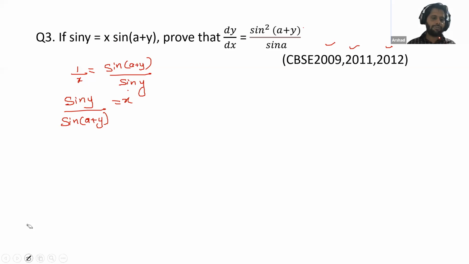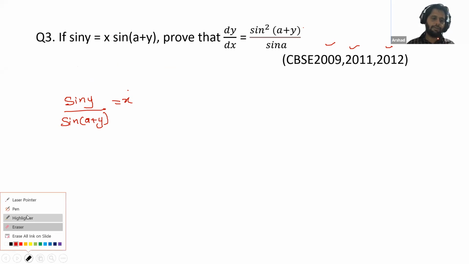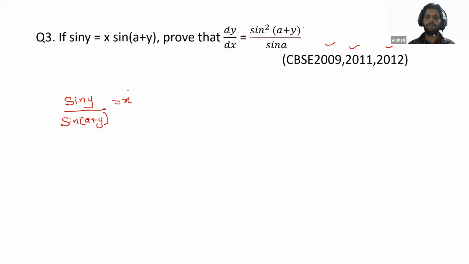Okay, everyone please check here. In proof type of questions, I already told you that always analyze the final result, then start differentiating. If we check here, we have a square on a plus y. We know that in differentiation, the quotient rule always gives a square on the denominator. So if we need a square on this sine a plus y, then it should be in the denominator.